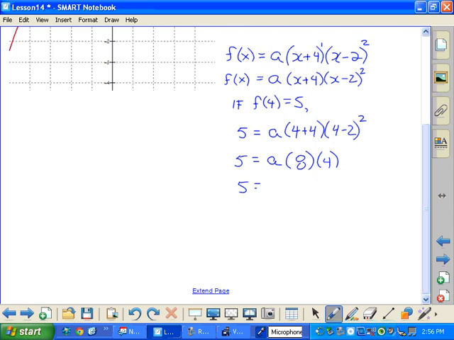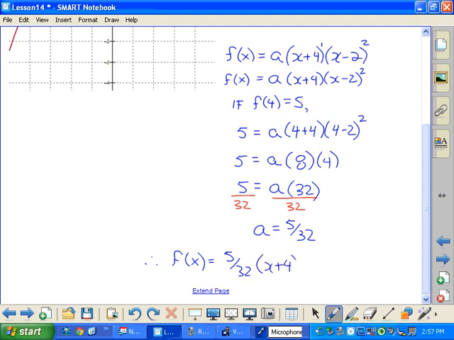So 5 equals a multiplied by 4 times 8, which is 32. Divide both sides by 32, and we find that our a value is 5 over 32. You could report it as a decimal, but it doesn't matter. I'm just going to leave it as a fraction because I don't have to get a calculator out.